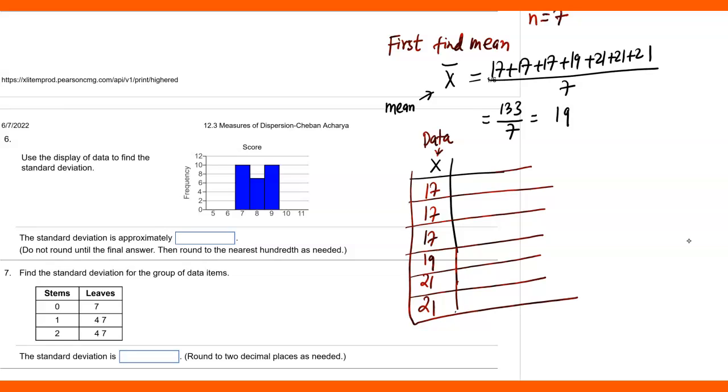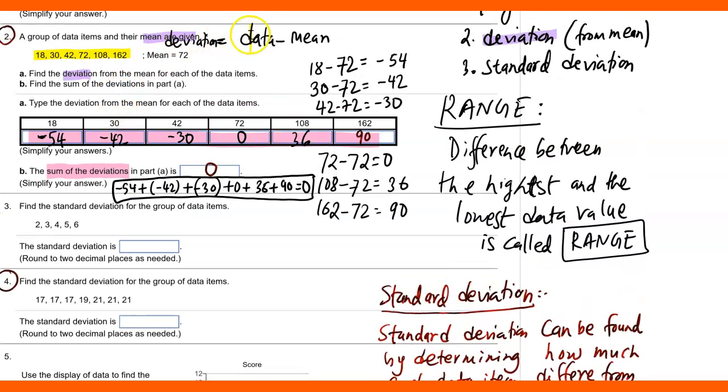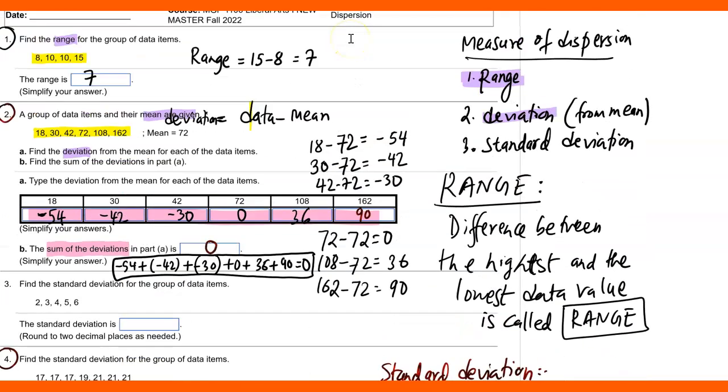Now, in the next column I have to find the deviation. What's the deviation? Data minus mean. Do you notice how we find the deviation? Deviation is data minus mean, x minus x bar, where x bar is the mean.